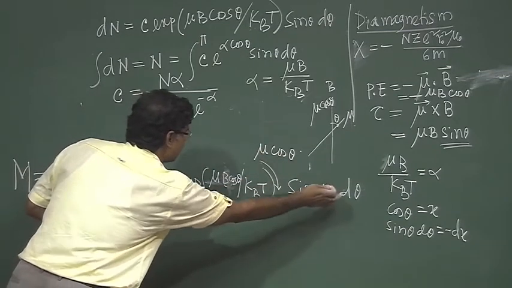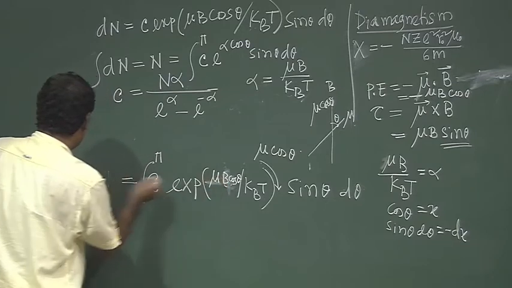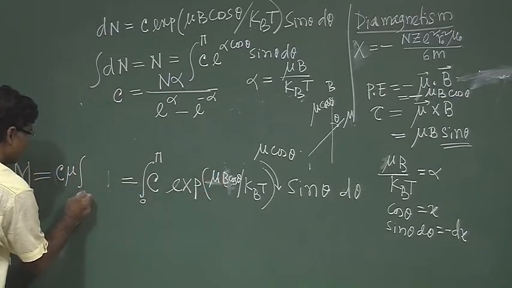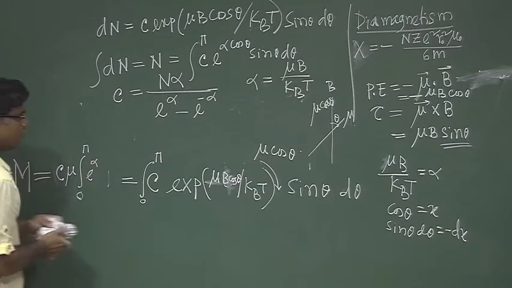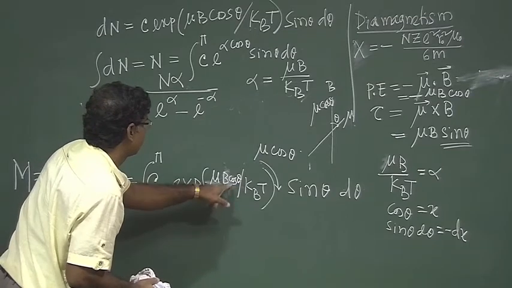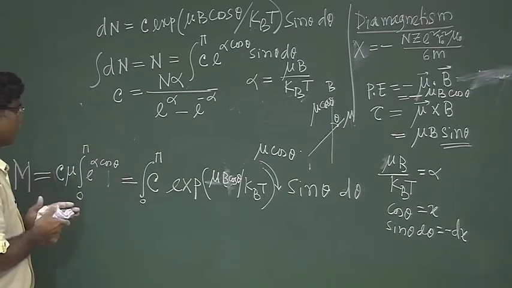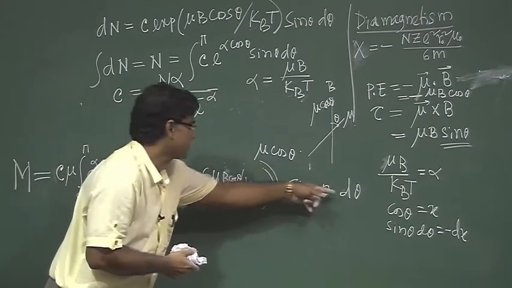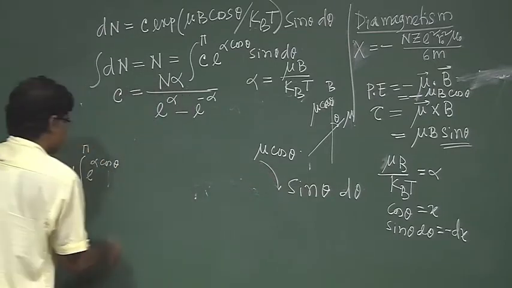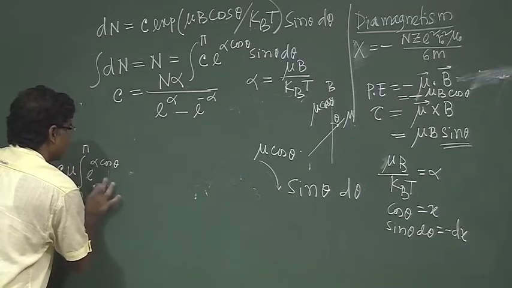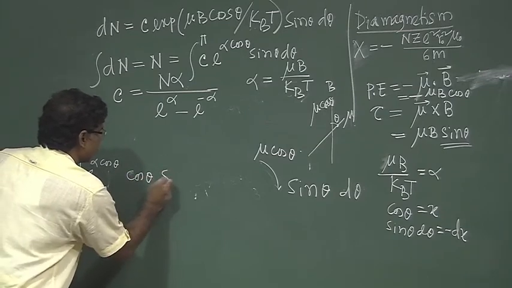So, cos theta sin theta d theta, and then here I will get the integral from 0 to pi of e to the power alpha cos theta, e to the alpha cos theta, times cos theta sin theta d theta.